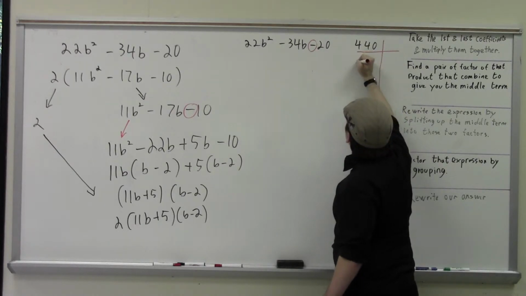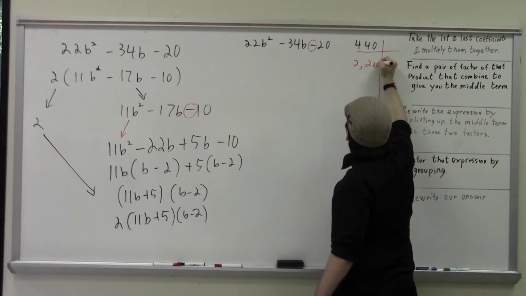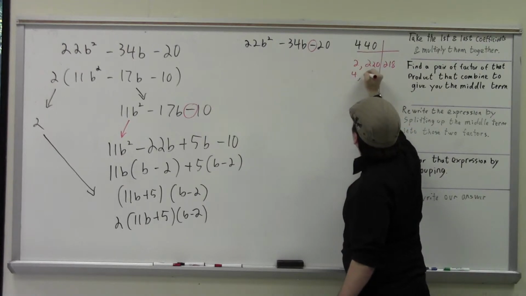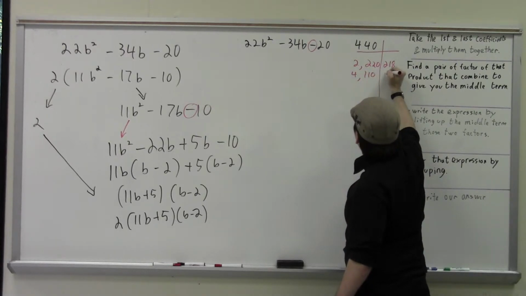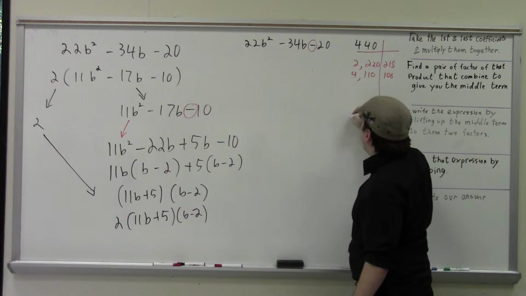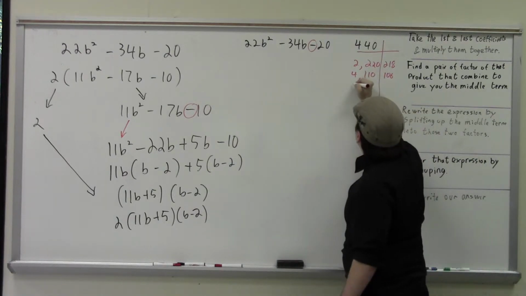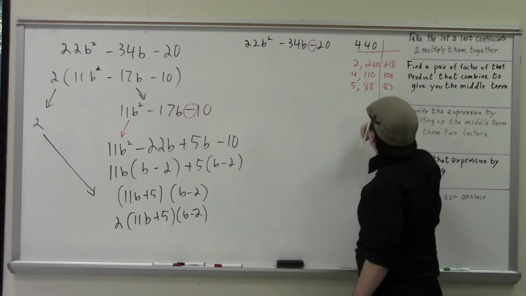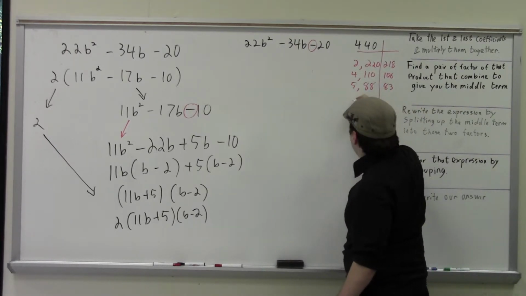I'm thinking about this, and I've got 2 and 220. That's going to have a difference of 218, which is way too big. 4 works, and 110, which is 106, which is still way too big. At 5 and 88, which will give me 83, which is still too big.